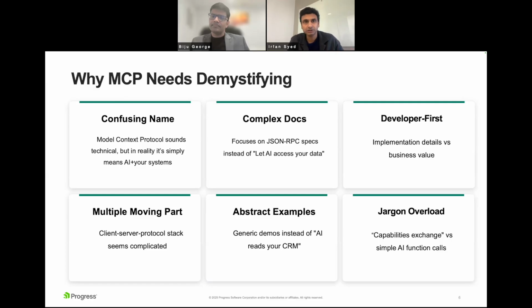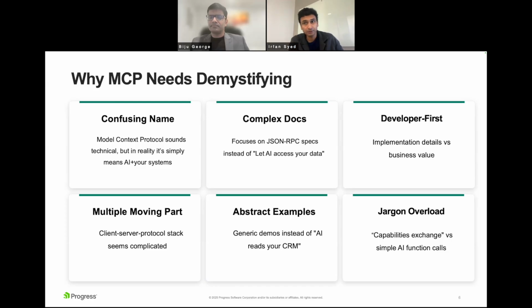Complex documentation. The documentation is very, very complicated. You only see the documentation is focused on JSON RPC specs instead of saying in very, very simple terms how can you let AI access your data. The documentation and the specs are mostly developer first, which is they talk about the implementation details, but they do not talk about if you implement MCP, what is the value you get?